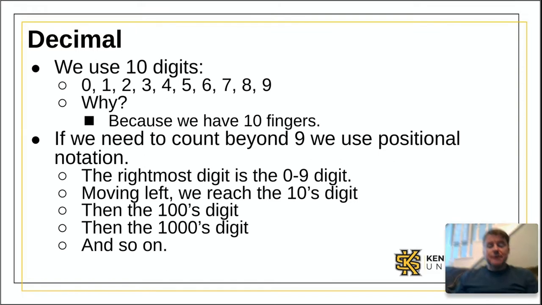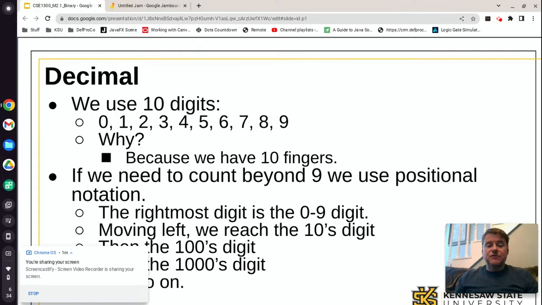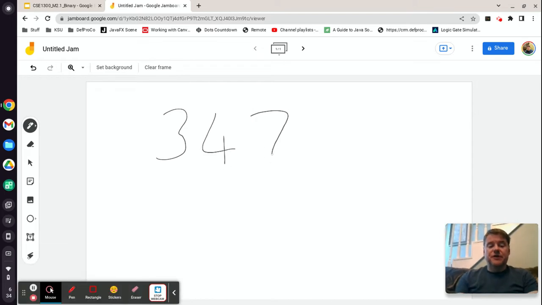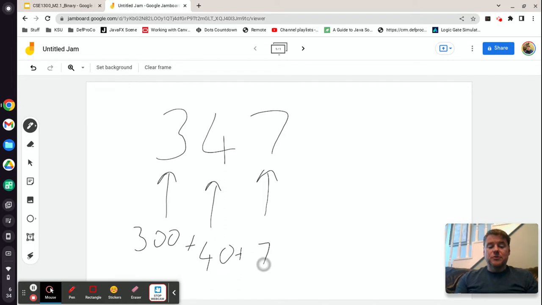So, for example, if I were to give you a number such as 3, 4, 7, you understand that that 7 represents just 7. But this 4 really represents 40, and this 3 really represents 300. So you know that this number actually is 347, which is, of course, what's written on the screen.